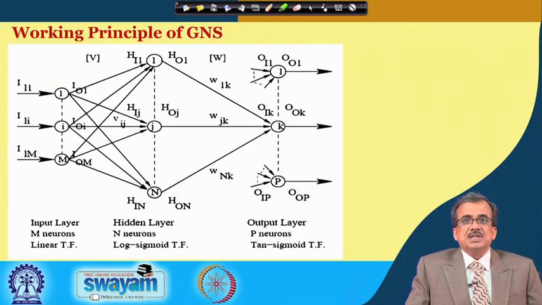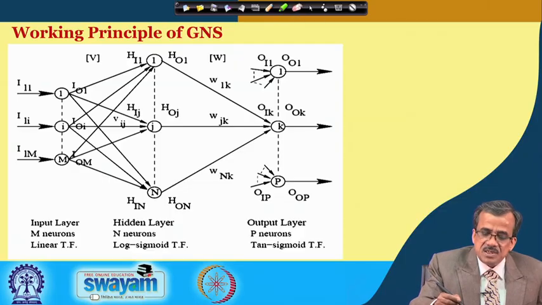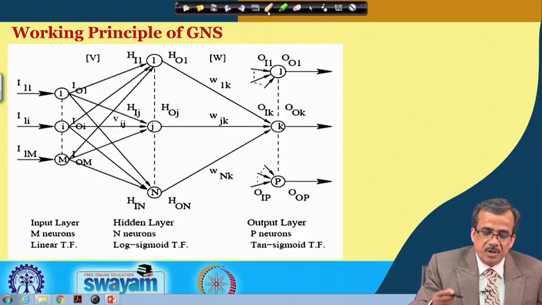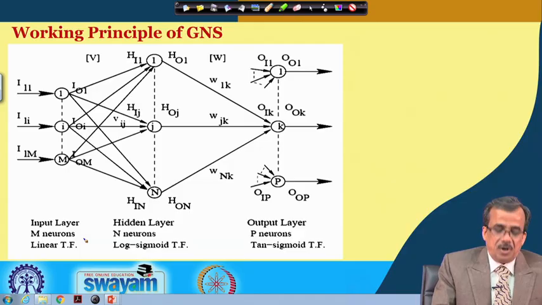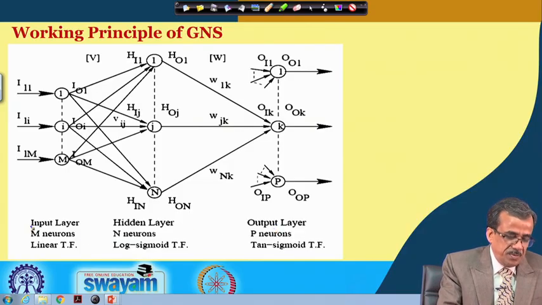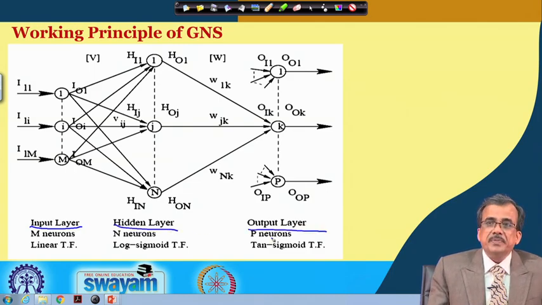Now, let us try to concentrate on this multi-layered feed forward network. As I discussed several times, this network is having, say, 3 layers: the input layer, then a hidden layer and the output layer.